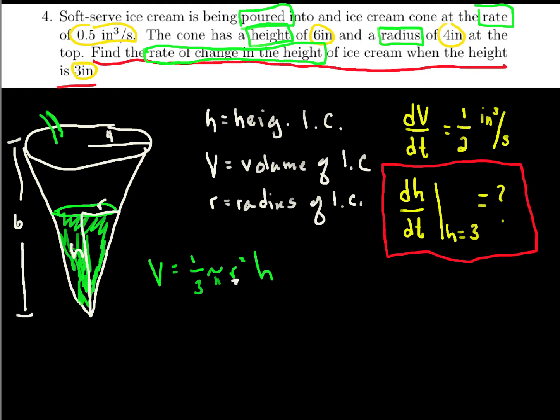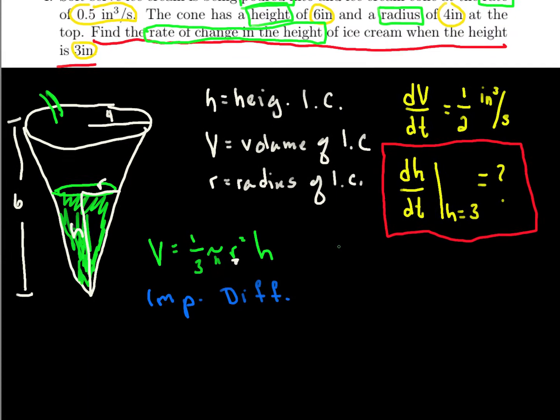So, okay, we've wondered about the problem. We've organized our facts together. We have related our variables together. Now we need to decide how we will solve this problem, and it's a related rates problem, so we're going to use implicit differentiation. That's our number one go-to for a related rates problem.